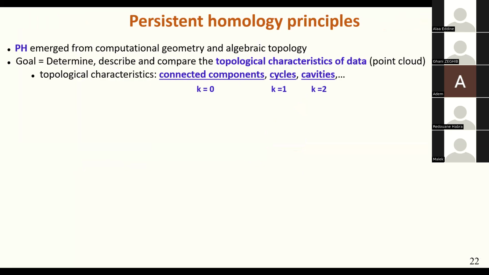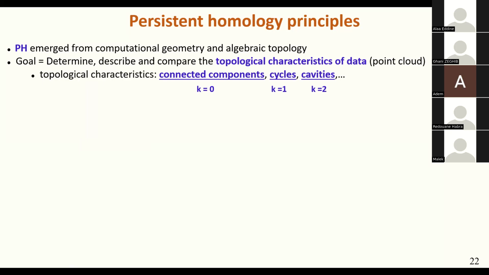So persistent homology, as I said, is a branch of topological data analysis, and it appeared in the late 90s, and it's booming right now in terms of application to biological data and other areas of sciences. And the goal of persistent homology is to determine, describe, and compare the topological characteristics of data.